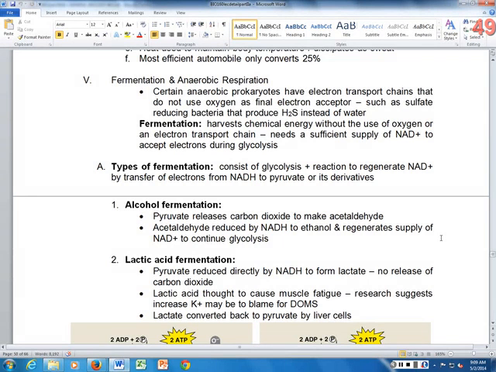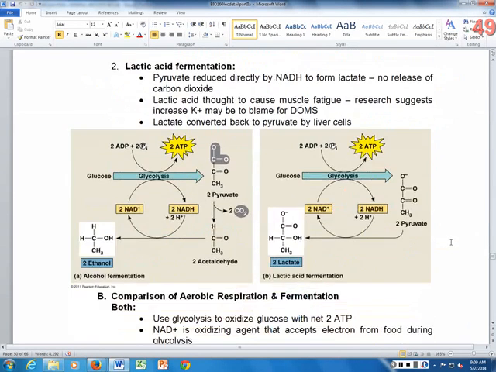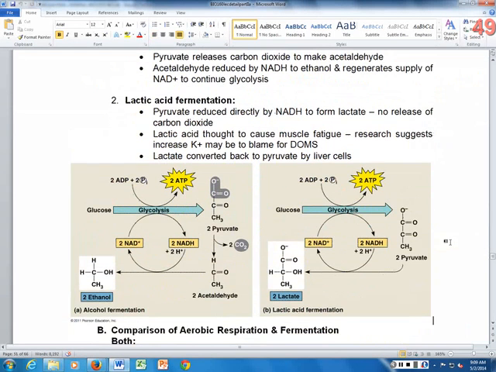So lactic acid fermentation will occur in your muscles. When you go out to do a run and you decide, I'm just going to sprint, I'm going to go as fast as I can, really quickly you're not going to be able to breathe hard enough to sustain that, and your body's going to want to slow down.